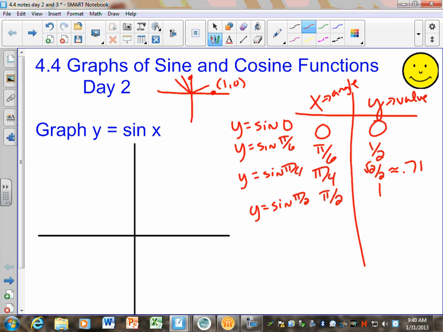I'm just trying to save some time. 3pi/4. Let's pick that one. And here's what's really nice. In quadrant 2, is sine positive or negative? So is it going to be the same as what pi/4 was? Yeah, so it's still going to be square root of 2 over 2, which means I already know it's 0.71.